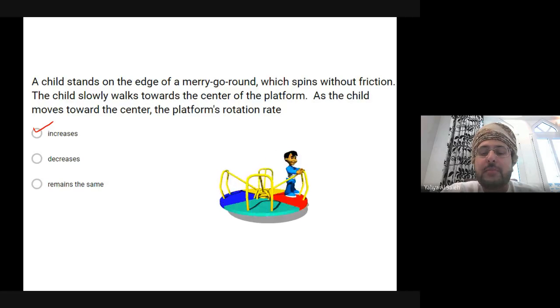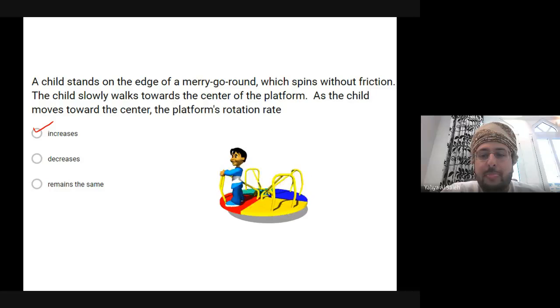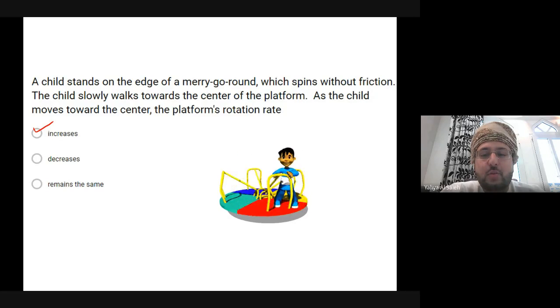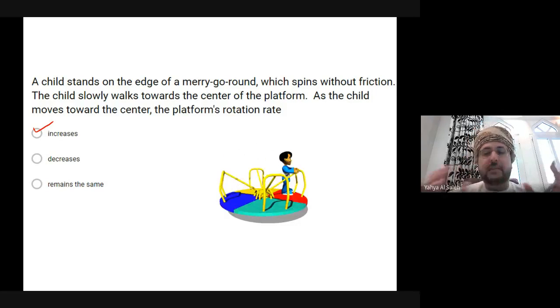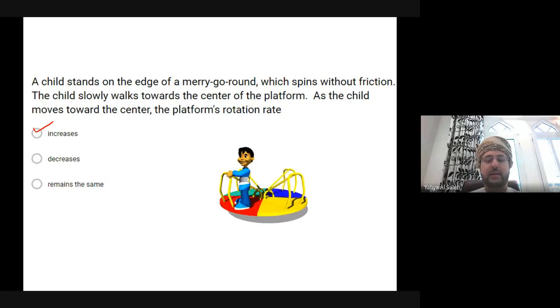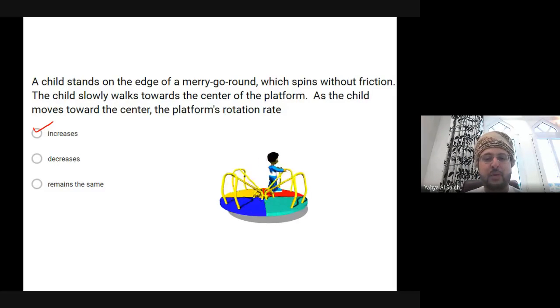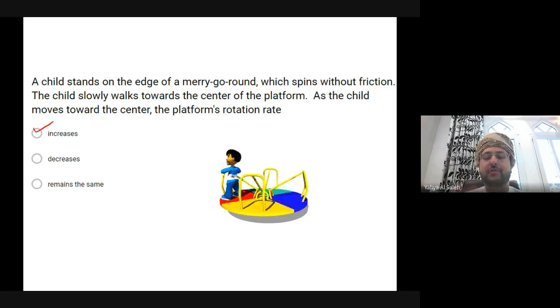So angular momentum needs to be conserved. Now, when the moment of inertia becomes smaller, just like when we did the example with the dumbbells or with the skater, your radius decreases, your I decreases, so your omega needs to increase to compensate.